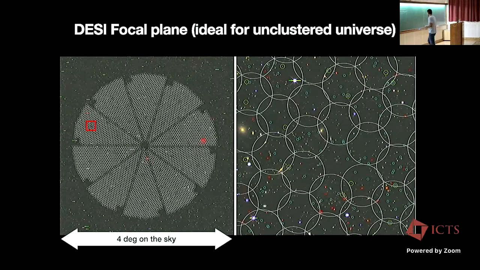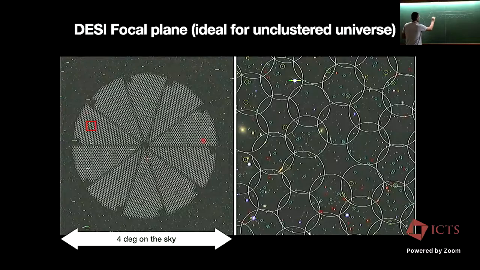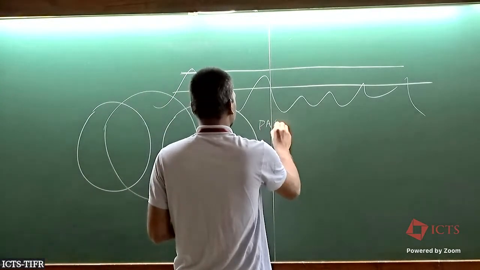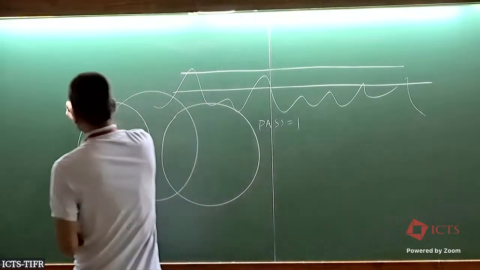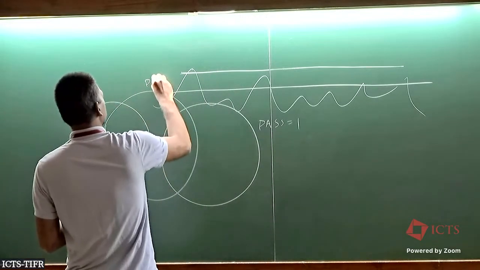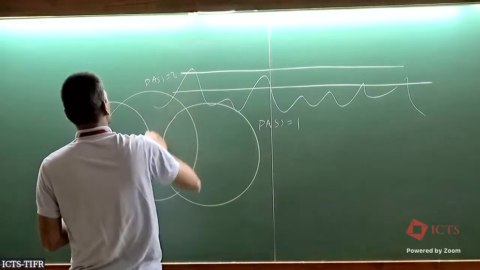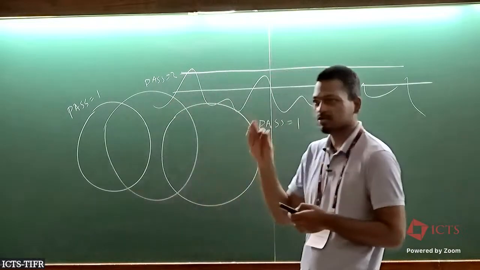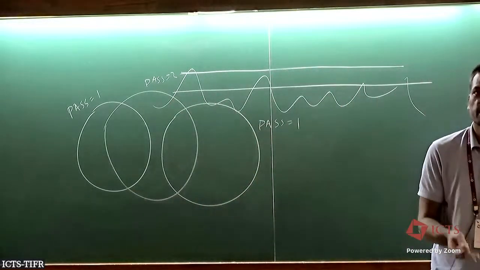So this is my one pointing, this is what the telescope is seeing, then it might see something else, and then it might come back and see an overlap like this. Okay, so this is pass one. Both of these are pass one. We call them passes, and this will be the second pass. So another layer, and then there will be a third pass on top of that. Similarly, you visit each part of the sky multiple times.